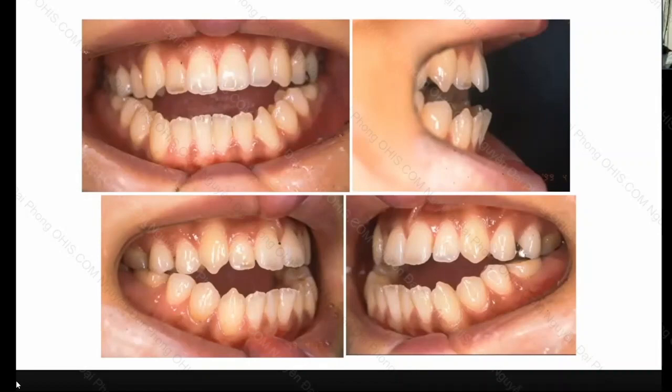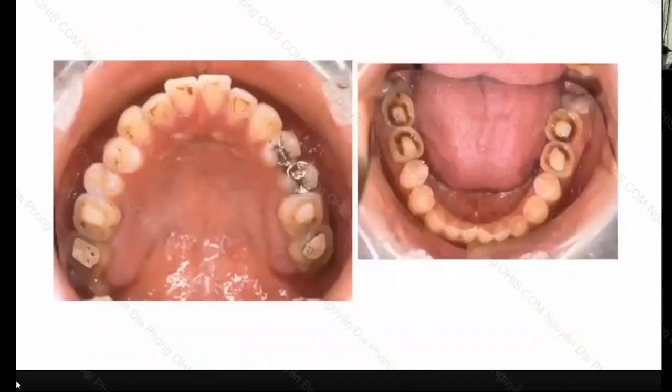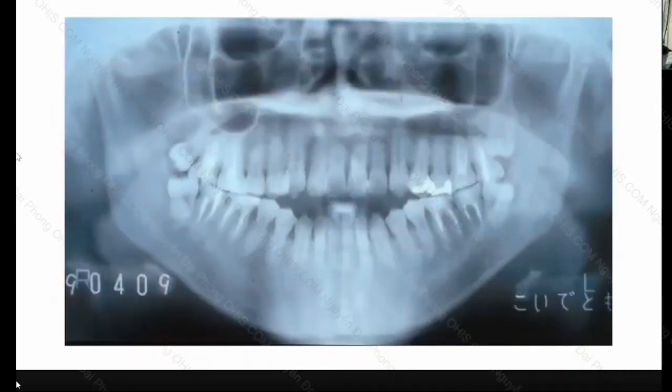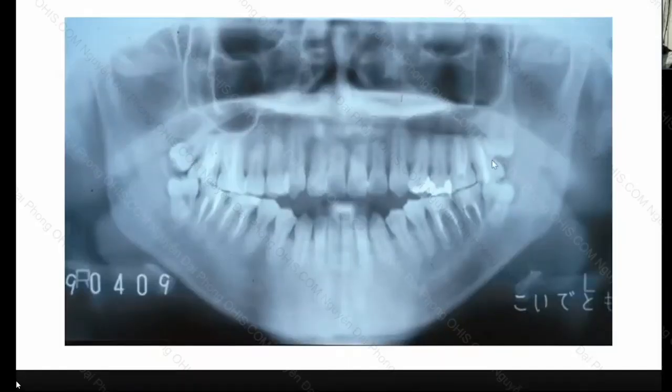So, simply you can see here the posterior discrepancy. Just simply remove the third molar. That's it, I think. But I'm very sad about this kind of case.